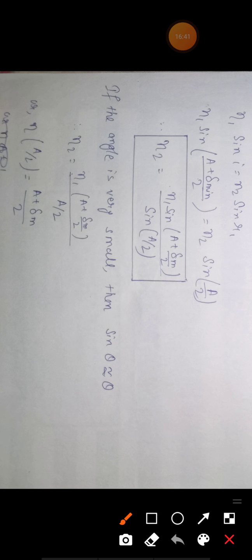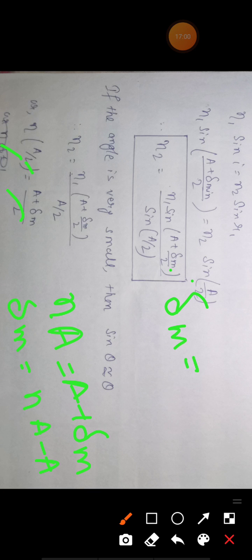So n into A by 2 is equal to (A plus delta minimum) by 2. Now 2 will cancel. So n into A is equal to A plus delta minimum, or delta minimum is equal to nA minus A. Finally, delta minimum is equal to A, taking A common, times (n minus 1).